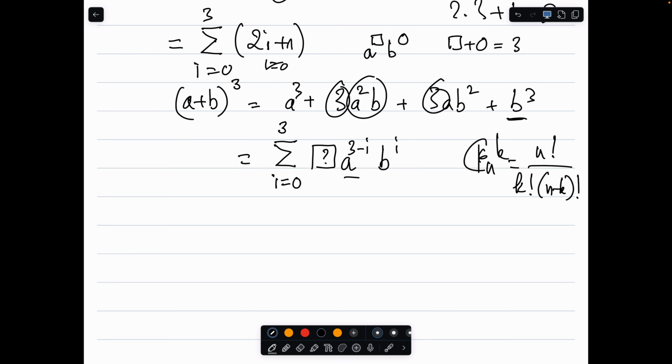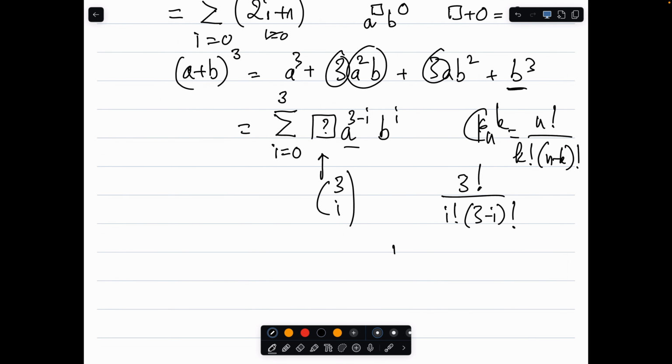So maybe I assume that, and maybe next video I talk about this. So this coefficient is nothing but C(3,i), and C(3,i) is 3! over i! (3-i)!.